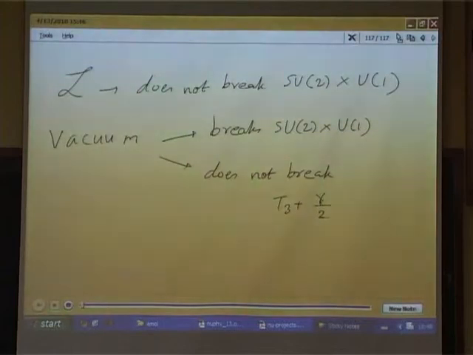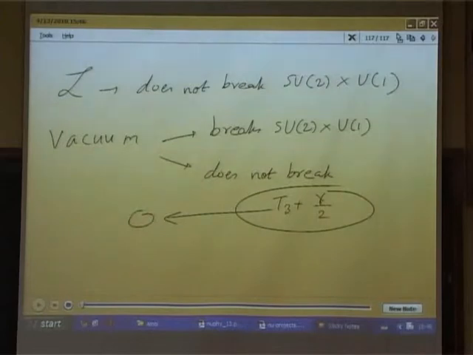So although we have broken all these symmetries by Higgs, we were unable to break this symmetry. This object is actually called Q and is electric charge. So electric charge is that quantity which vacuum cannot break. If vacuum had broken it, you would have found the world full of positive charge.